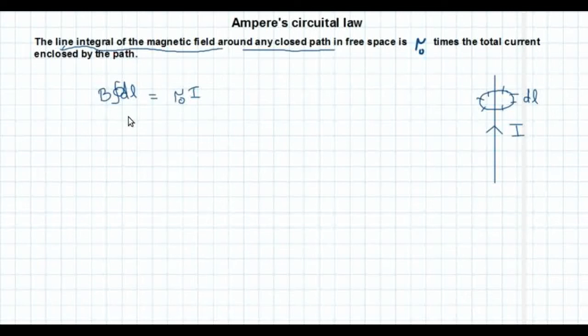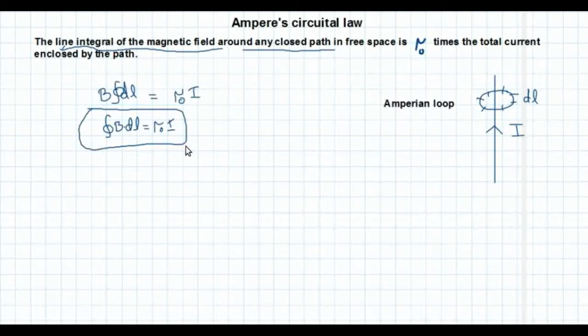Integral dl means you are integrating for a length dl. There will be a starting point and there will be a finishing point. But in the case of integration over a closed path, the path should be closed. That means you have to return to the starting point. That is the integration over a closed path. So closed integral B dl is equal to mu0 I, is the mathematical statement of Ampere's circuital law. Closed integral B dl is equal to mu0 I.